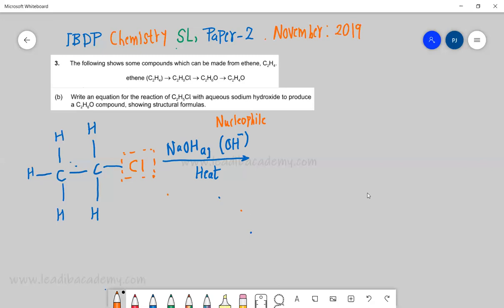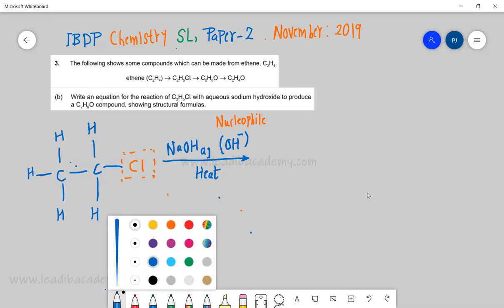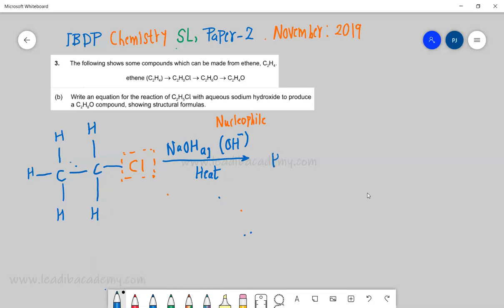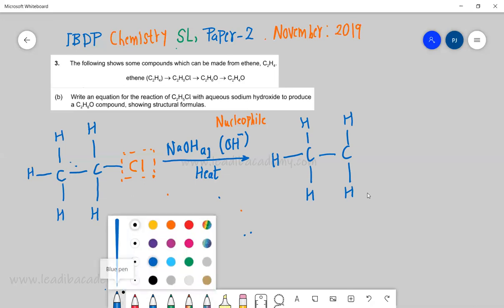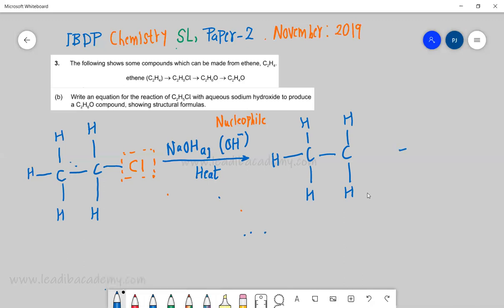Let's understand it with the structural formula. H, C, H. So this chlorine has left as a chloride ion.